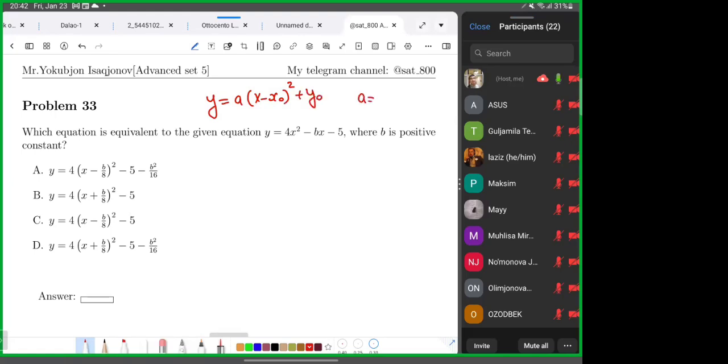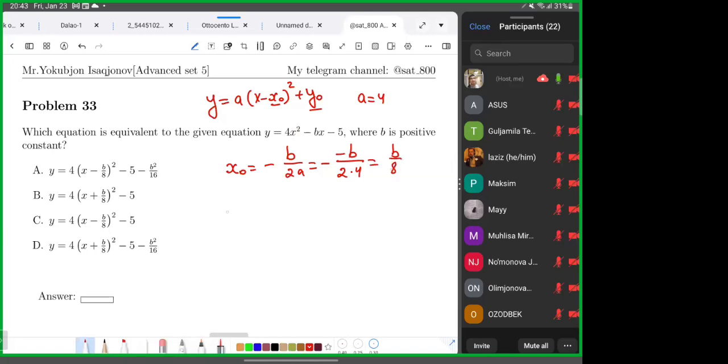Here it is visible that a equals 4. Now we need to calculate x0 and y0. x0 is, according to the formula, minus b divided by 2a. But in the place of b comes not b but minus b. So minus (minus b) divided by 2a, where 2a is 8. So it is b divided by 8.